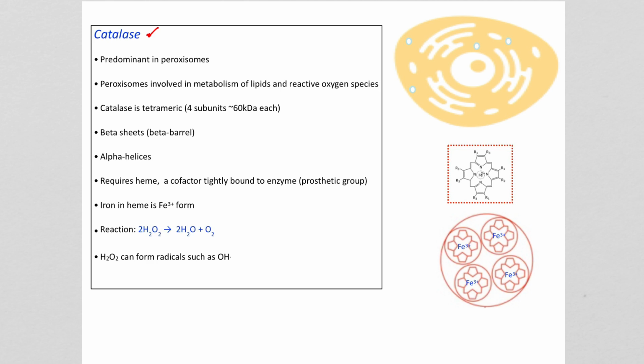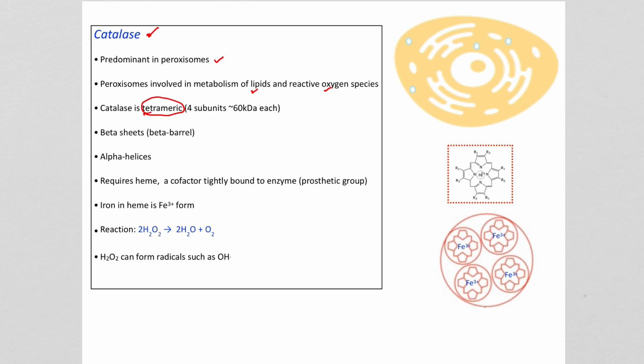This is an enzyme that is predominant in peroxisomes. Peroxisomes are organelles that are involved in the metabolism of lipids as well as in the metabolism of reactive oxygen species. Just like hemoglobin, catalase is tetrameric. This protein is tetrameric.